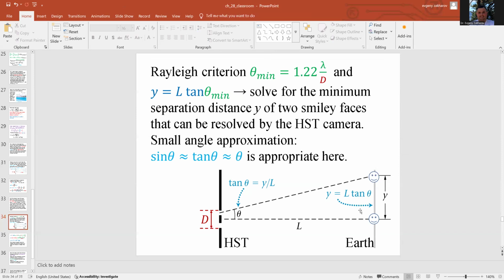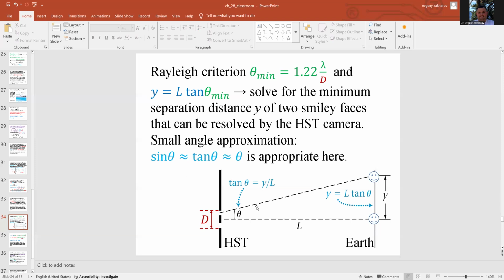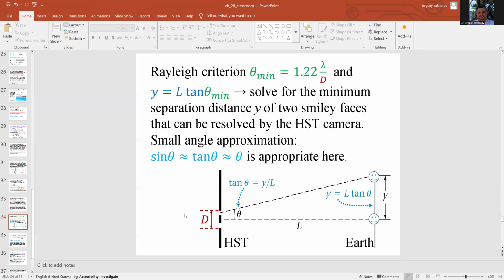L is given, and Y is what we're looking for. So L tangent theta. This is just the trigonometry part, solving for vertical distance if a certain angle and horizontal distance are given.